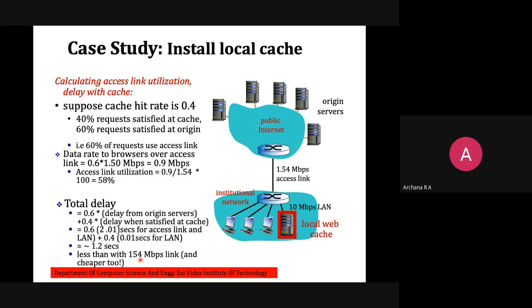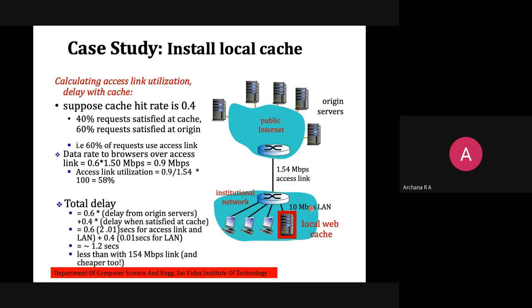So we have seen it was too costly. If the access link rate is increased, that is one option, and the traffic will be reduced. Here, within 1.2 seconds, all 15 requests can be satisfied with the help of the origin server and the local web cache server.